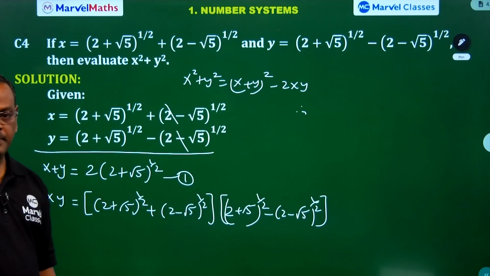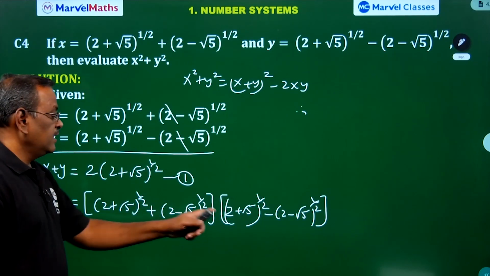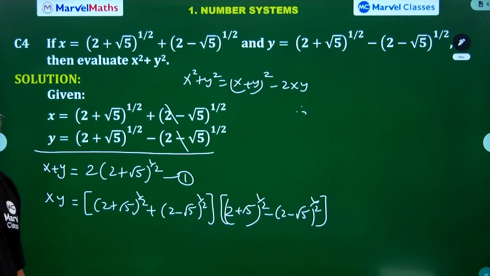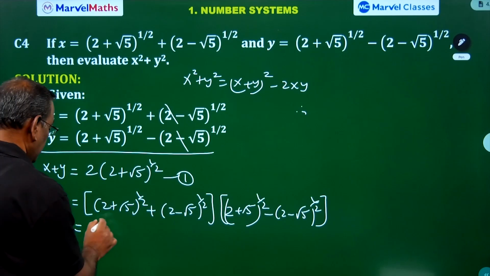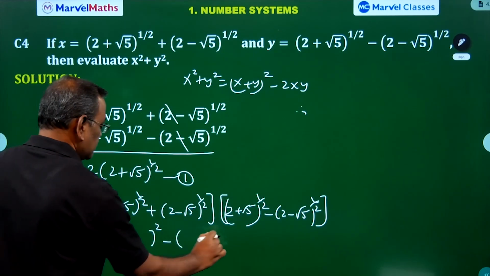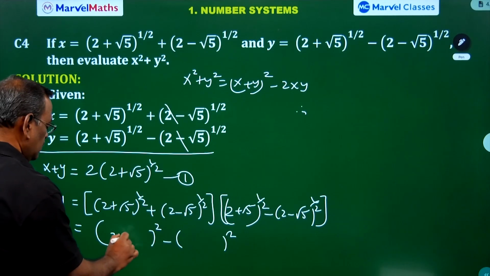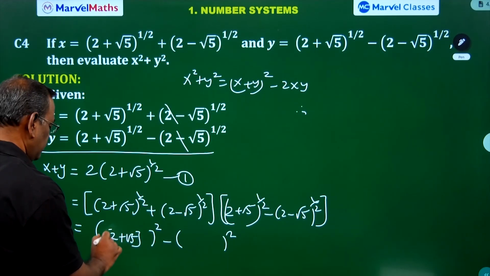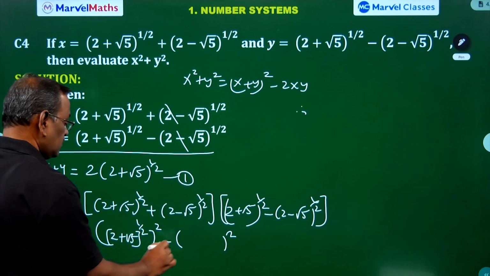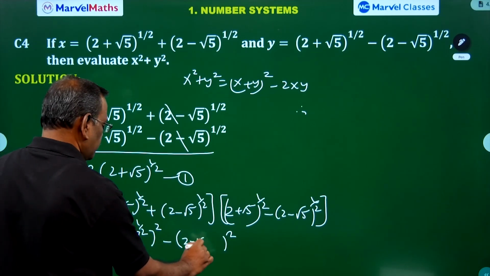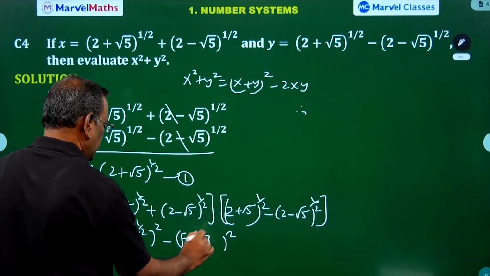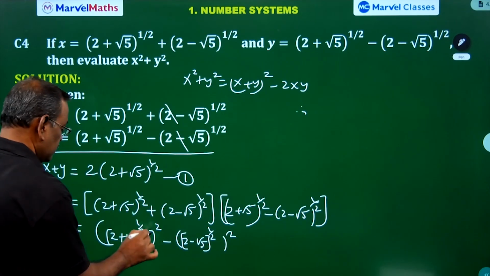This is (a plus b) into (a minus b), which is a square minus b square. So what is a? a is nothing but (2 plus root 5) whole power half and b is (2 minus root 5) whole power half. Now the power half gets cancelled with the square.